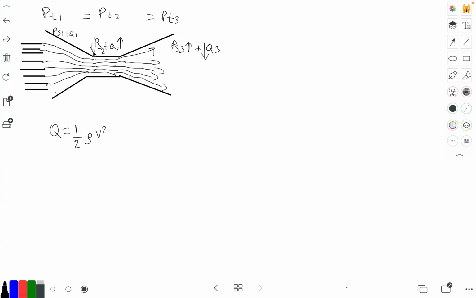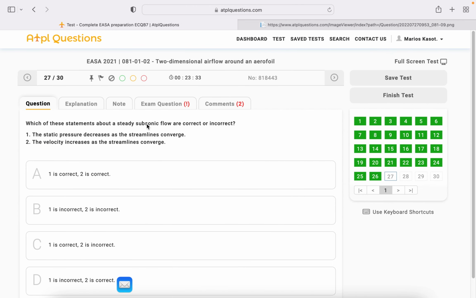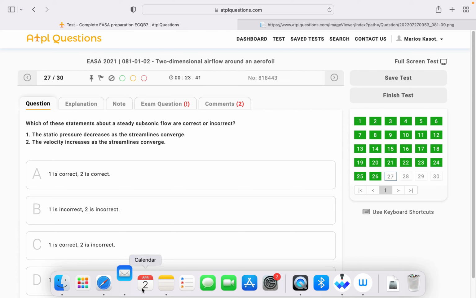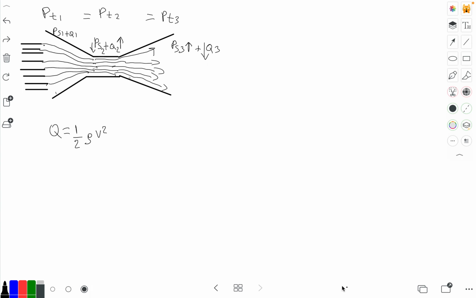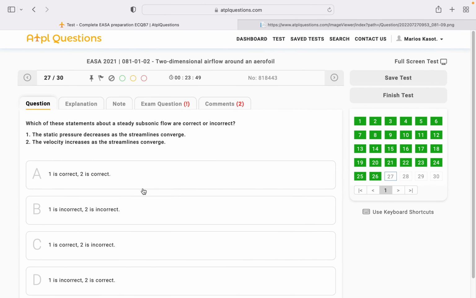So static pressure here decreases. So number 1 is correct. And the velocity increases as the streamlines converge. Of course, this is correct too. We have converging streamlines. Dynamic pressure goes up because speed goes up. Correct. Both of them are correct.